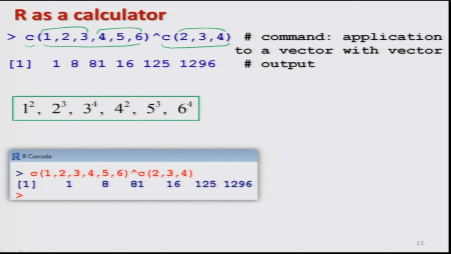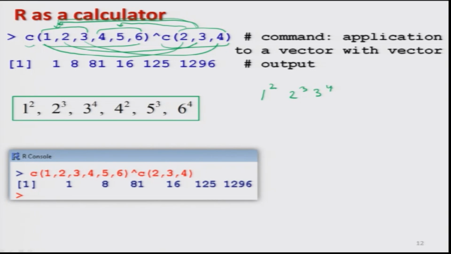These 3 values will go over here in the same order, and these 3 values will also go here in the same order. So, 1 with 2, 2 with 3 and 3 with 4. This becomes 1 square, 2 cube and 3 to the power 4.